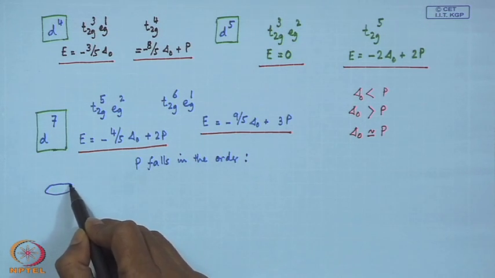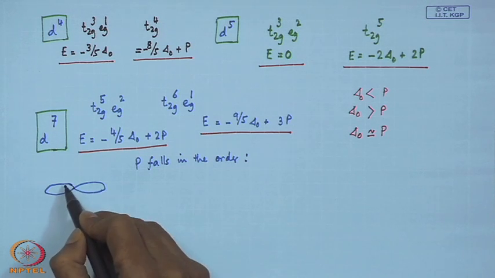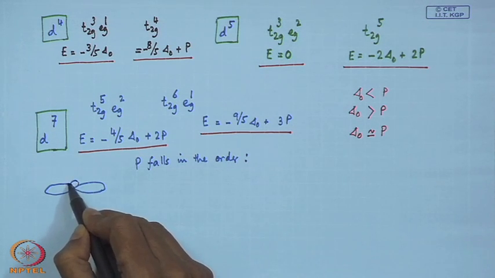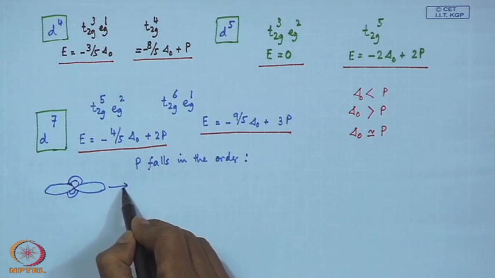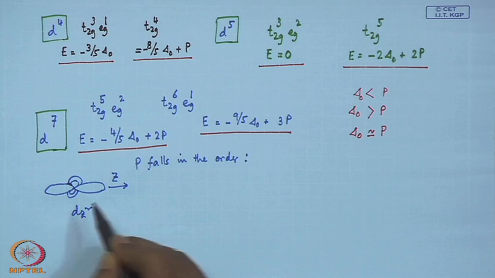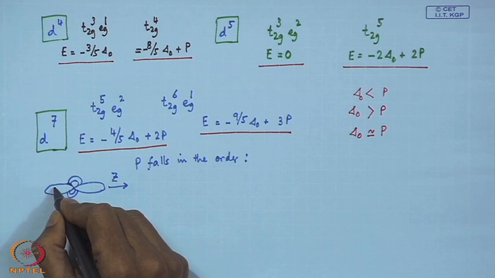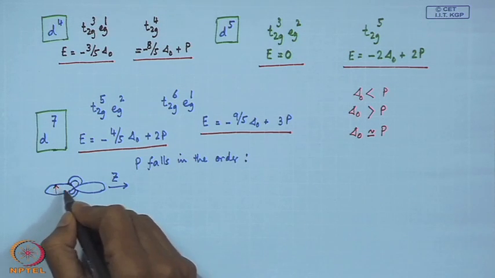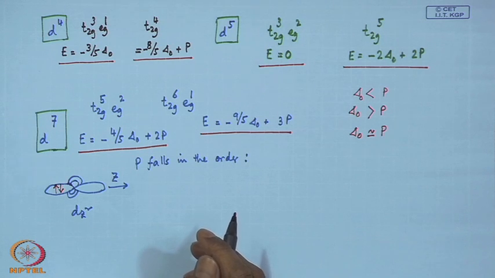So if we have one particular orbital, if it is in the z direction, that means dz square, and when this level is filled, we can have a paired electron in this particular level.